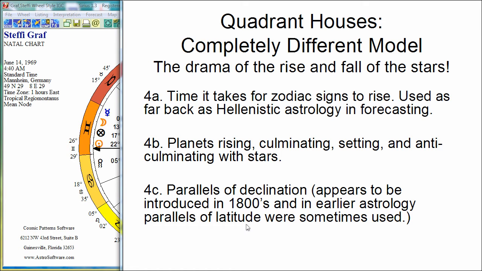This appears to be an idea introduced much later, perhaps in the 1800s, from the historical research that I've read from other astrologers. Parallels of latitude were sometimes used earlier. As more research is done into the ancient stuff, we may find out that parallels of declination go back further in time than we currently realize right now.